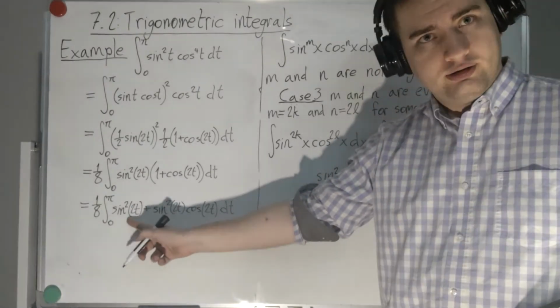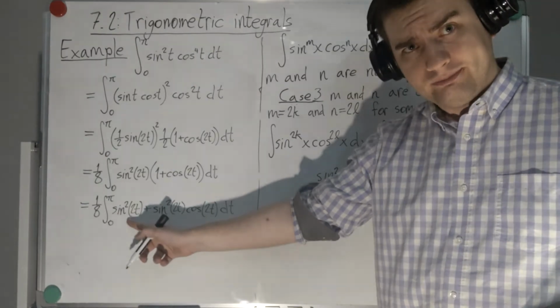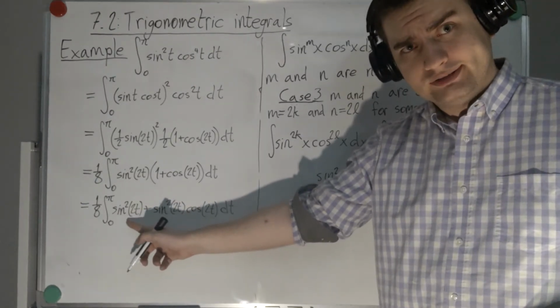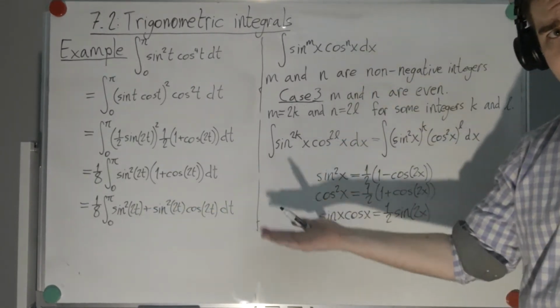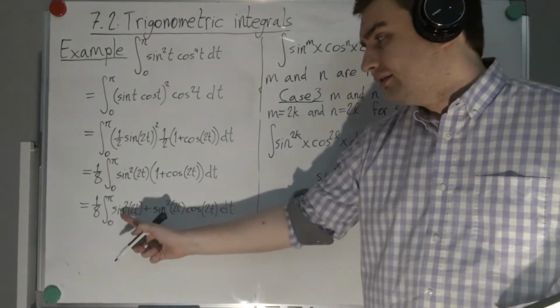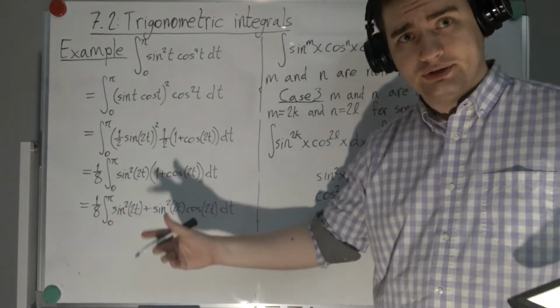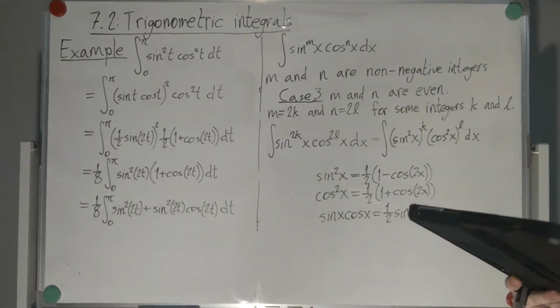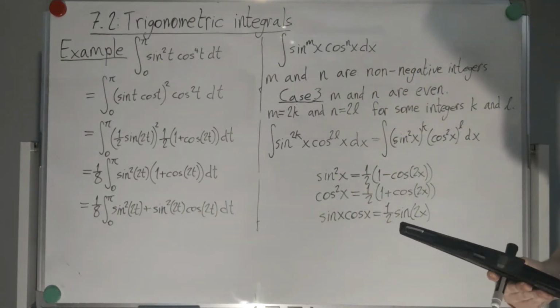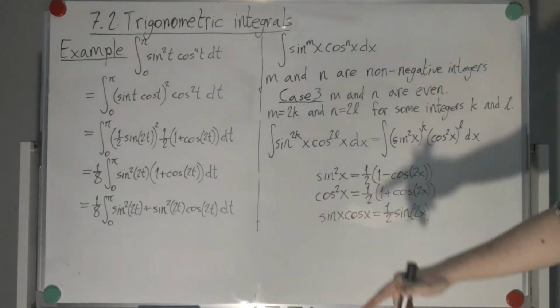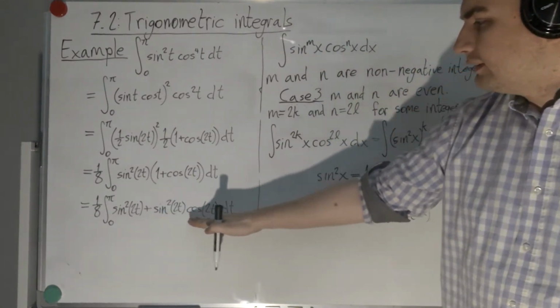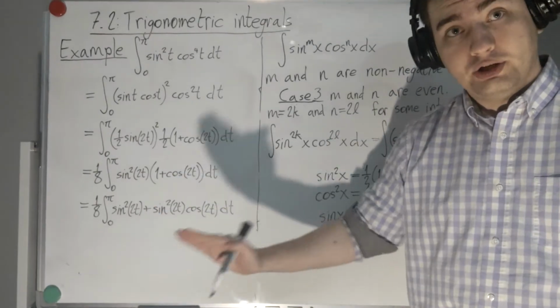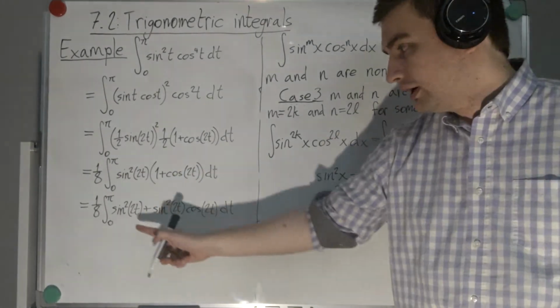As for this one, it is a little bit different. This is also what we would call case 3, because it's sine to an even power times cosine to the 0, which, of course, 0 is even. So then, to figure out this part, the second term here is not the issue. The harder part would be figuring out this first term.